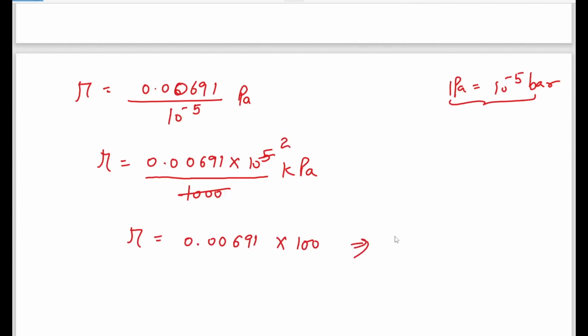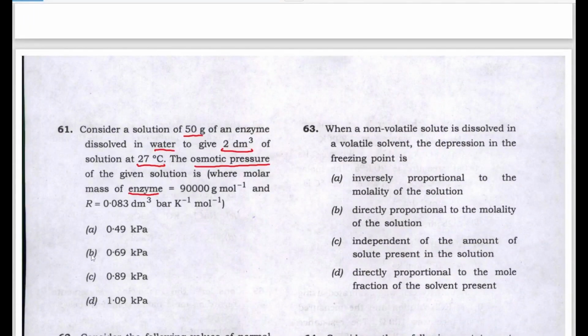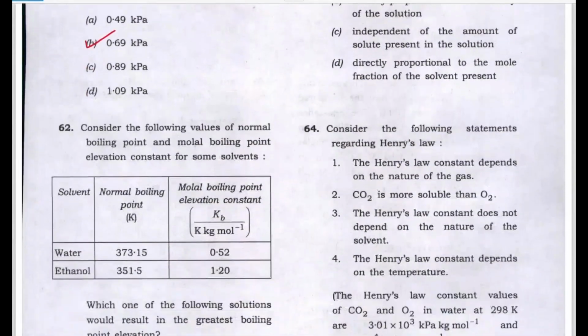So your final answer will be 0.691 kilopascal. Okay, 0.691. So B is the correct option in this question.